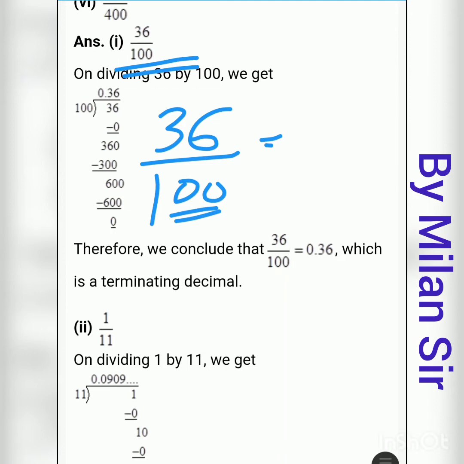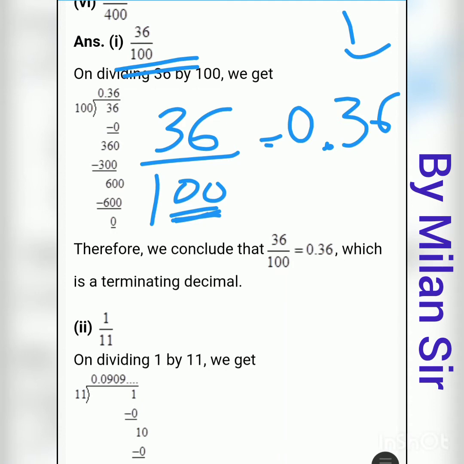Those 2 digits are 36, and before that we put the decimal point, and before that nothing is remaining, so 0, so 0.36.